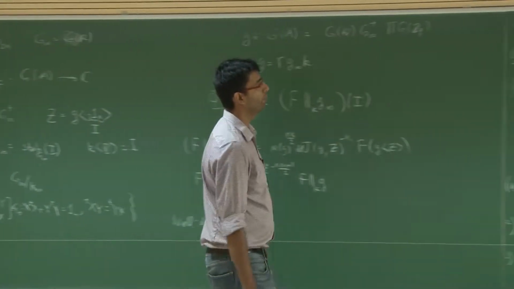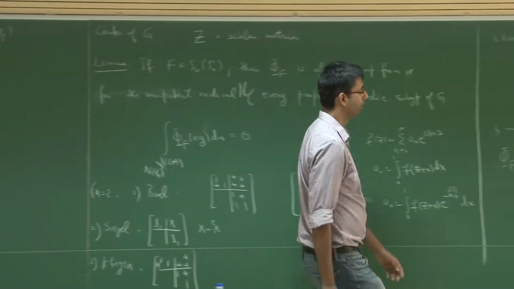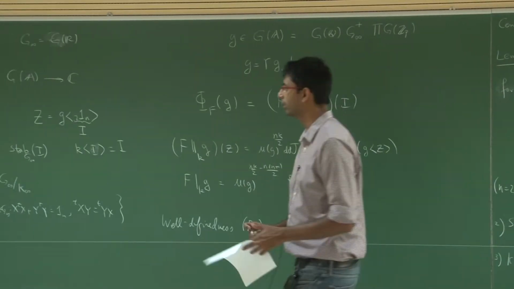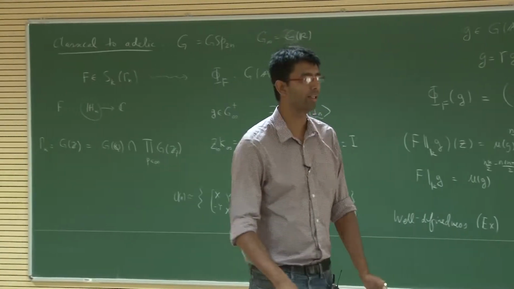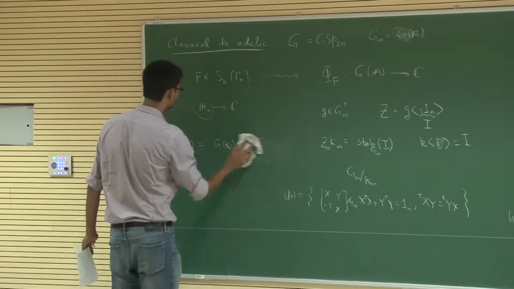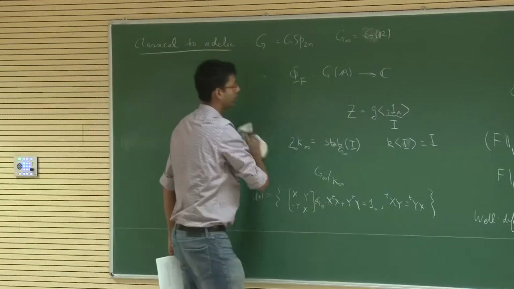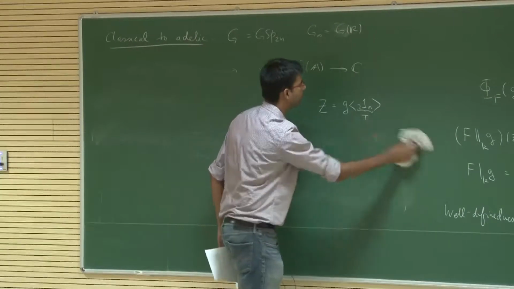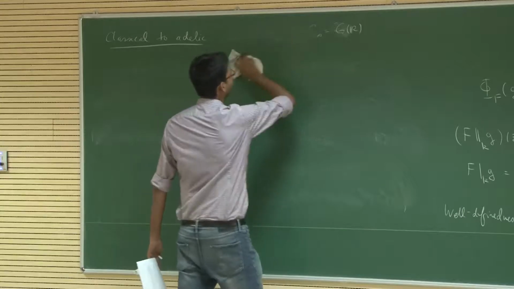So this is a pretty good map, f going to phi f, and now we want to see what happens if you have a Hecke eigenform. The Hecke algebra in the classical case, we had to work quite hard to define it: double cosets and slash action, and the product is some complicated product, symplectic divisors and so on.